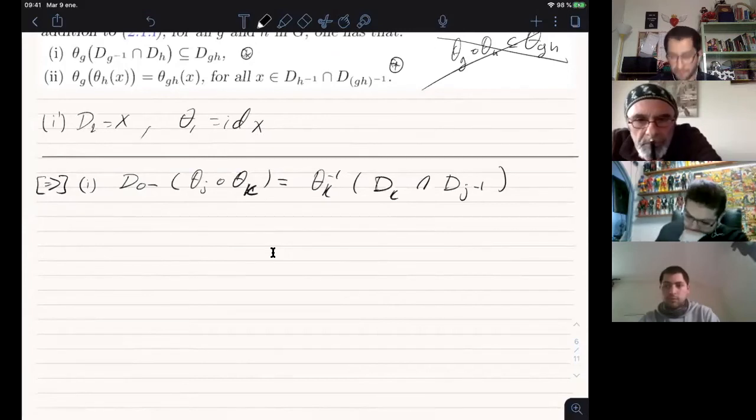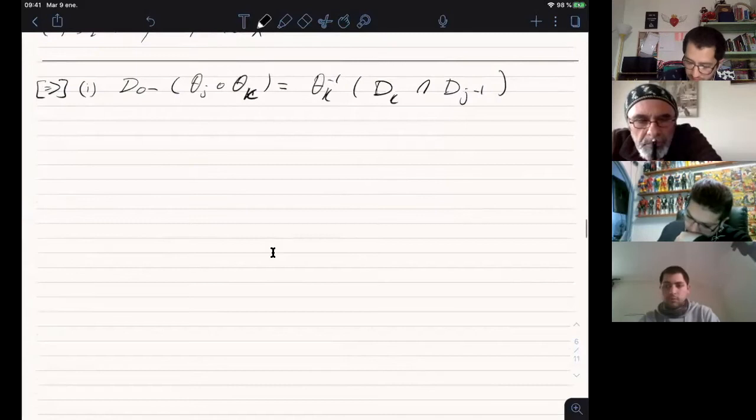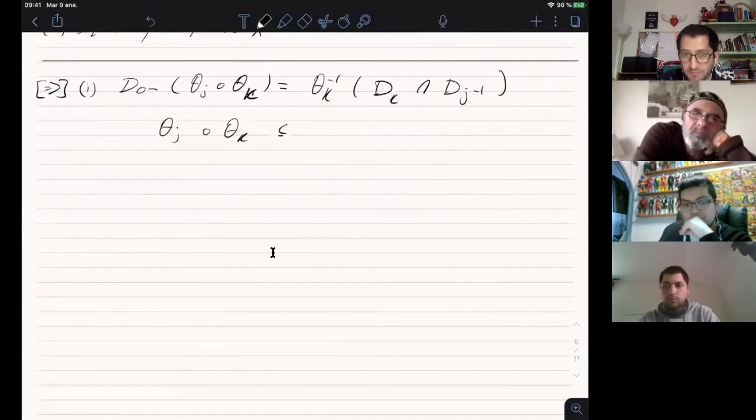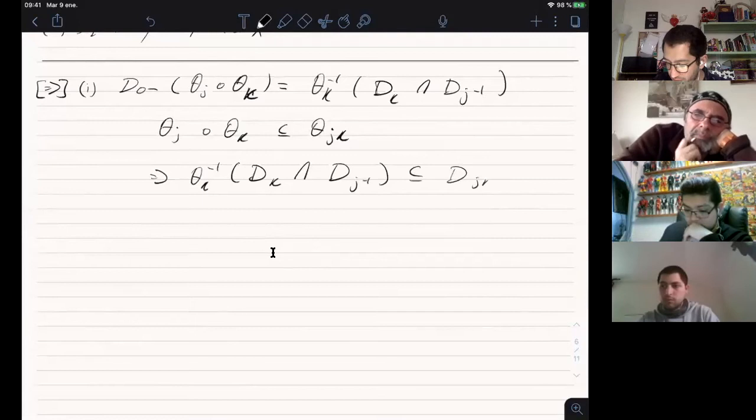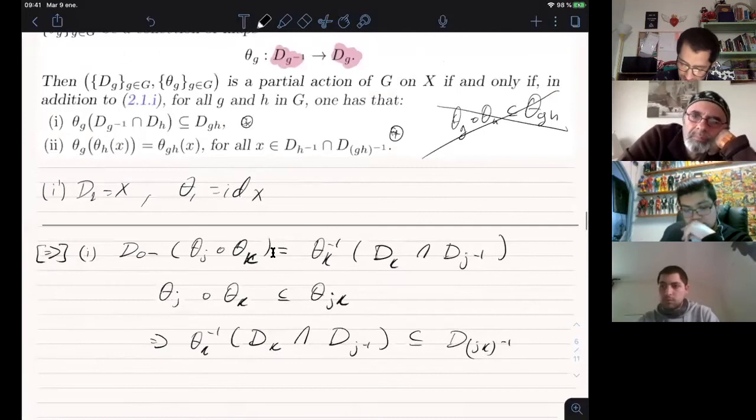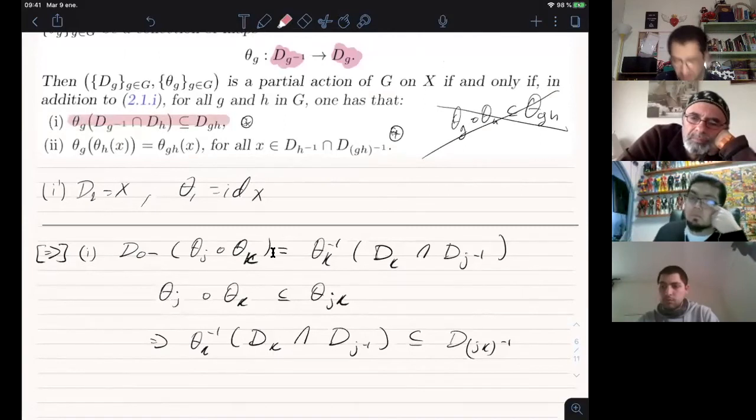And as we have this condition, we have that D_{jk minus 1} is going to be included in D_j. Let's remember, what we are trying to get here is a condition between the domain of the composition of functions and another domain here.